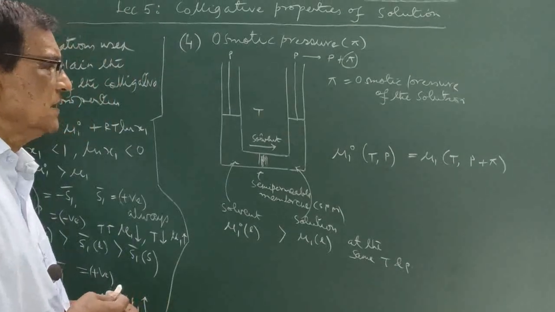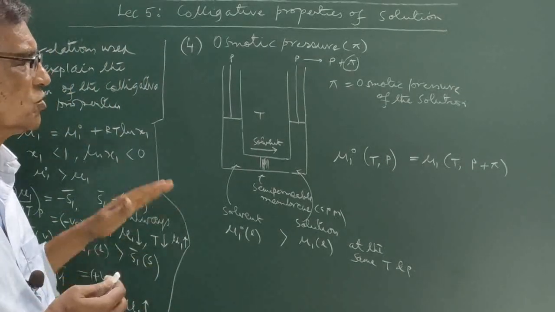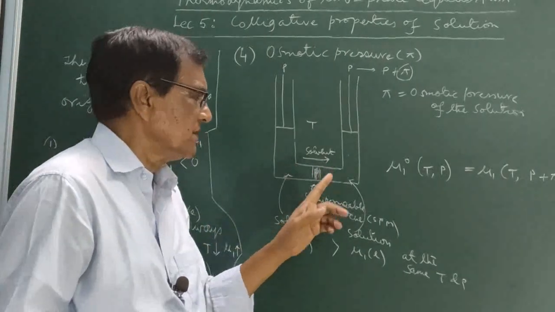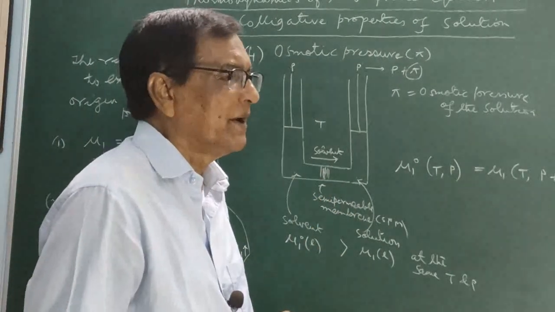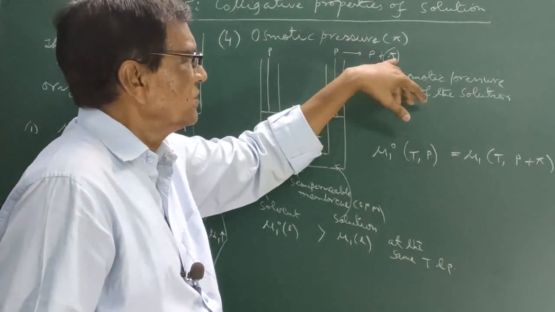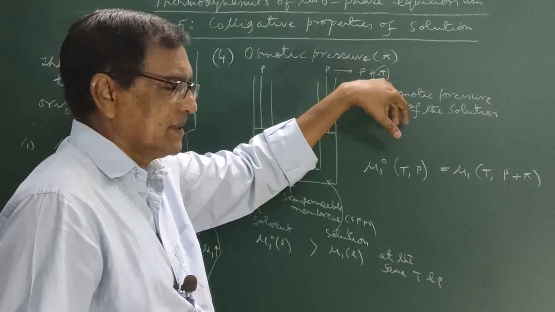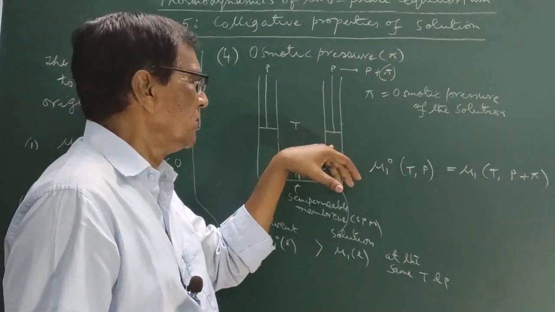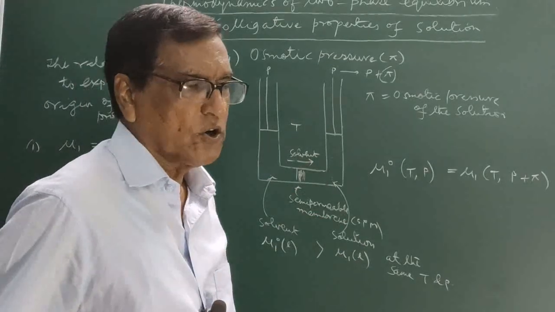This is the explanation why osmotic pressure is developed when the solvent and solution are separated by a semi-permeable membrane, and it also gives the definition of osmotic pressure. Osmotic pressure is the excess pressure added to the solution side in order to stop the osmosis.